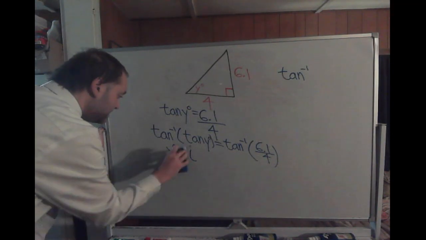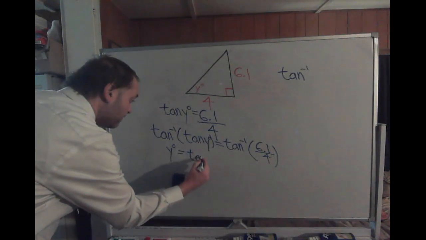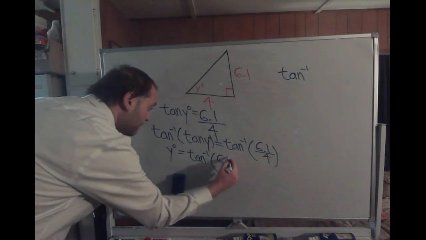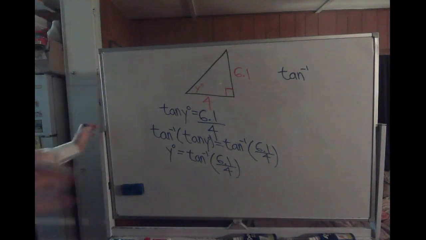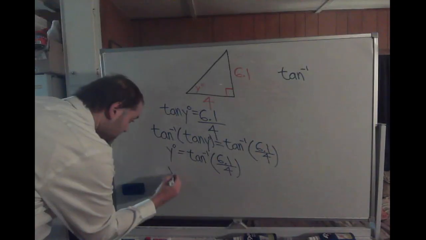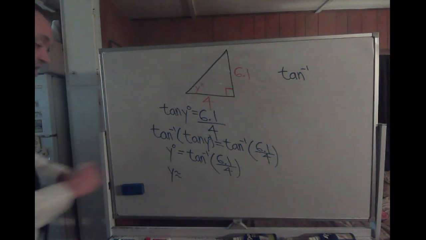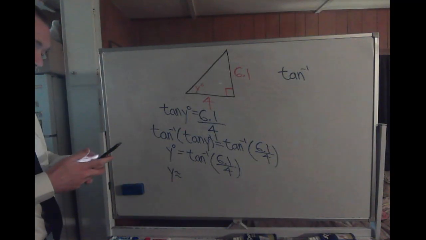Y degrees equals the tangent inverse of 6.1 divided by 4. But again, like in the previous exercises, make sure your calculator is set to degree mode, not in radians. So we're going to round our result to the nearest degree. The tangent inverse will give you the degree of the missing angle you're seeking.